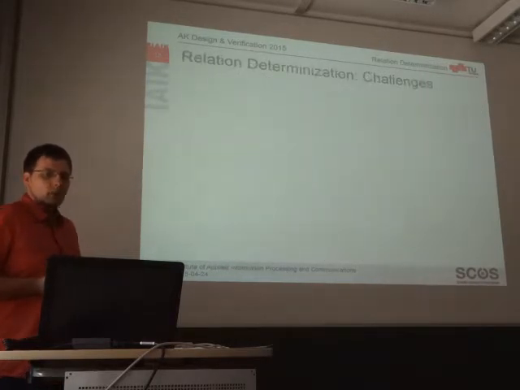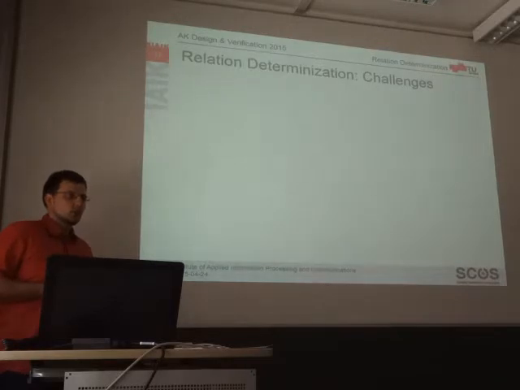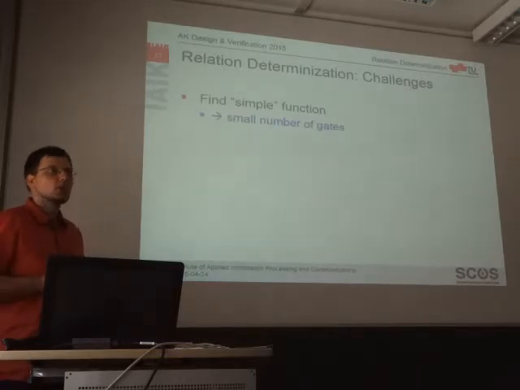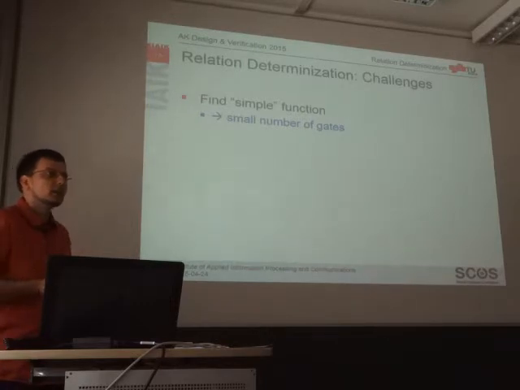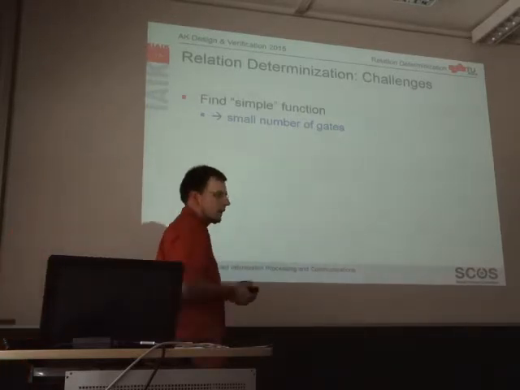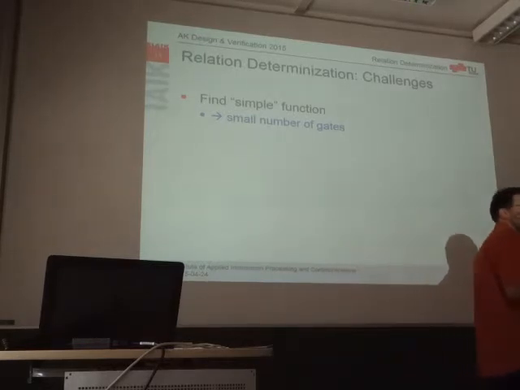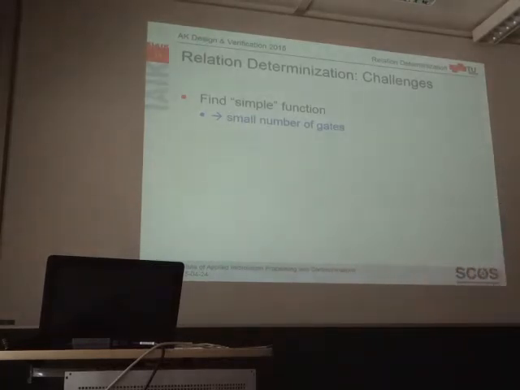And there are some challenges to this goal, obviously, which is why we devote an entire lecture to it. The first thing is, we obviously want to find a simple function, for varying definitions of simple, but one straightforward thing is that it should need a low number of combinational gates to implement it.